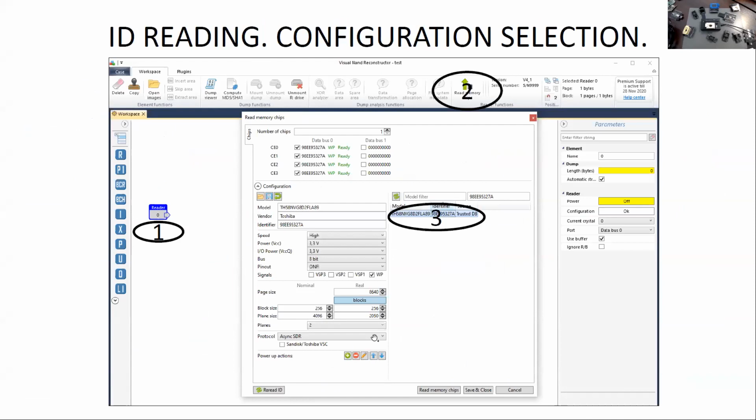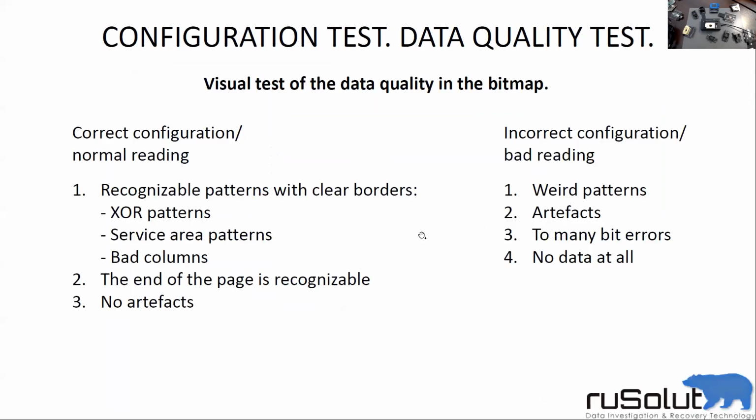And it's actually very easy. First you select the reader, then you click the button read memory chip, then you select configuration, and there you go.